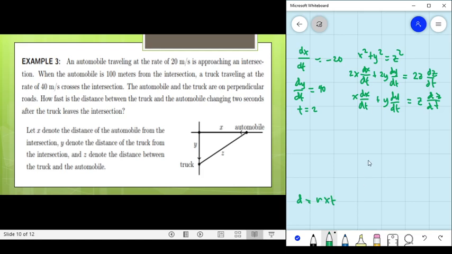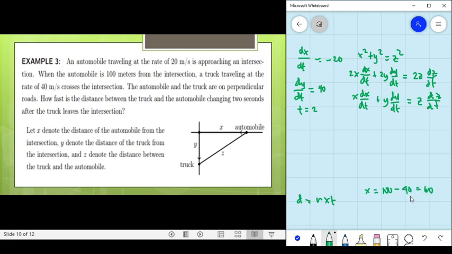Right? So, 2 times 20 equals 40 from 100 meters. Therefore, your x must be equal to 100 minus 40 equals 60.